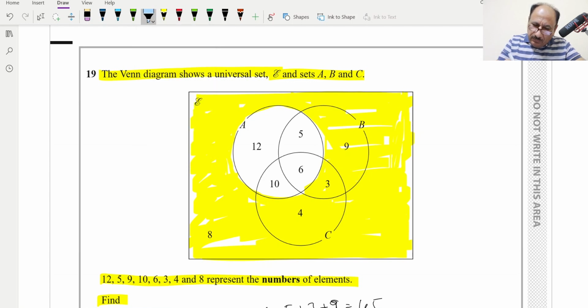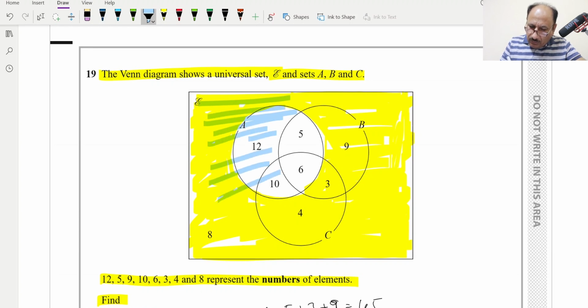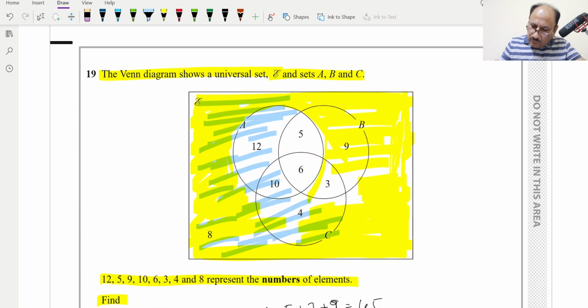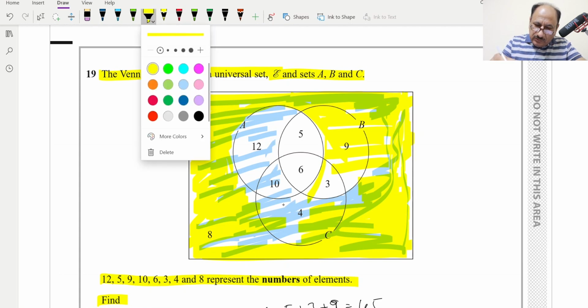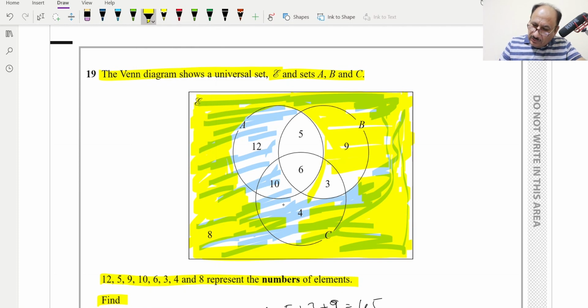So B complement will be not in B, so this whole part will be shaded, not in B. Sorry, this one should be not in B. So not in B will be up in this region. Hopefully you are understanding. This is all not in B. And once again, this yellow portion which we have accidentally erased, we can fill in over here. So this is not in B.